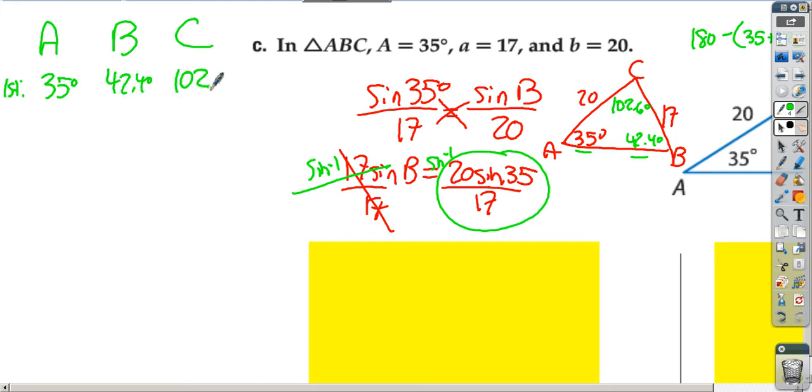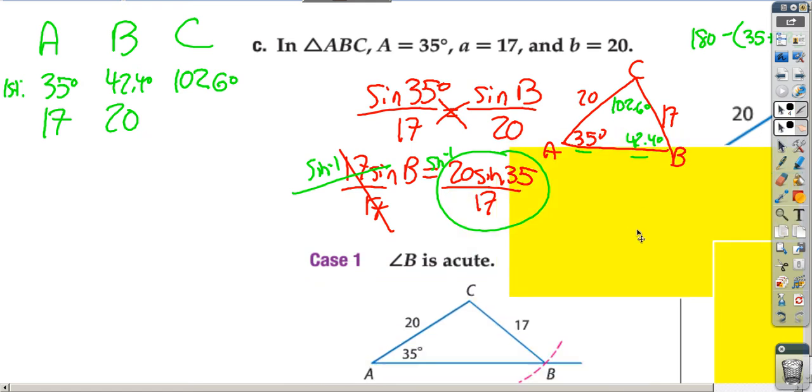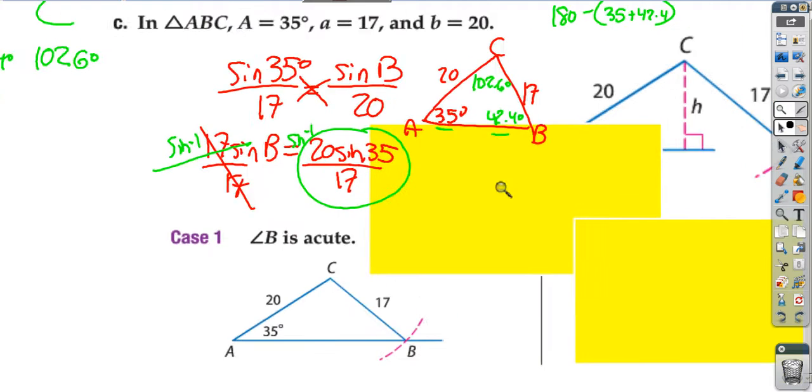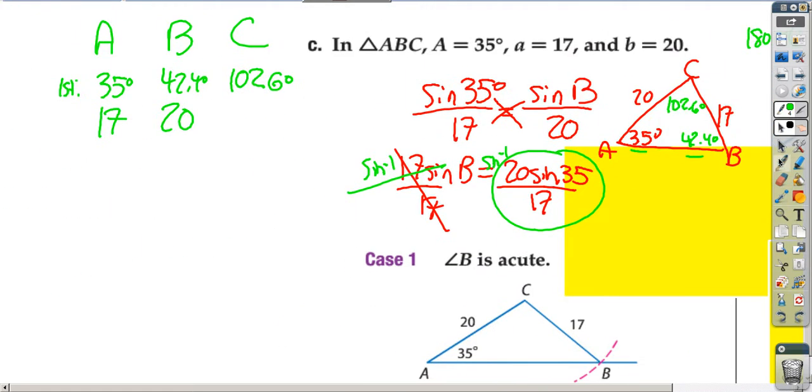And then C, we found it after we found A. And then these sides were 17, this was 20, and then C, when you actually solve for it, I guess they don't give it to you here. So let's just do that real quick. We'll solve for side C, which we haven't solved for yet, which is right here.